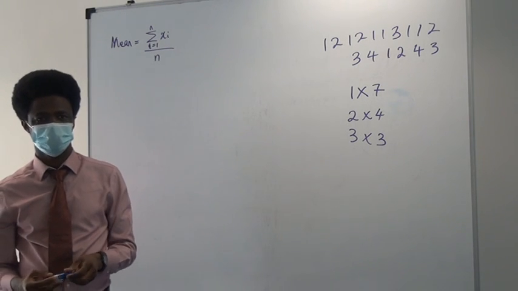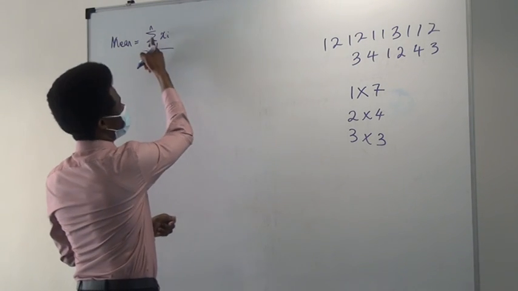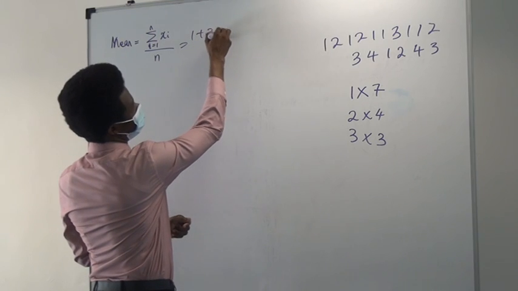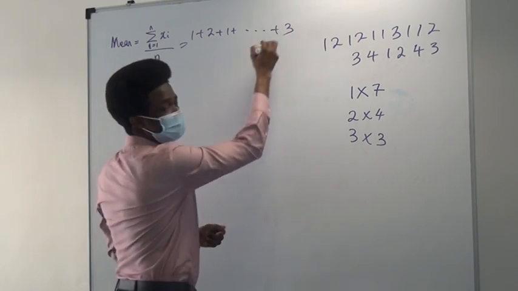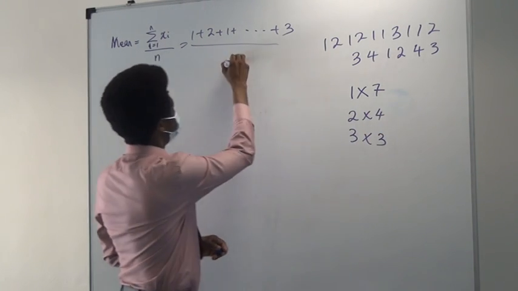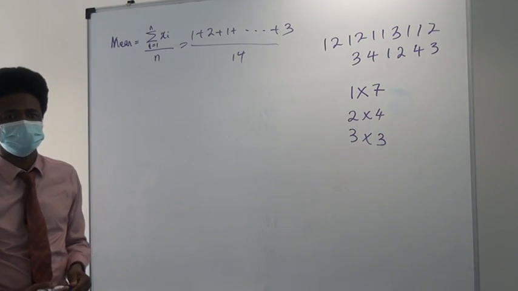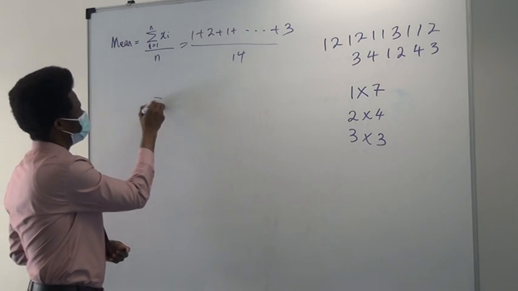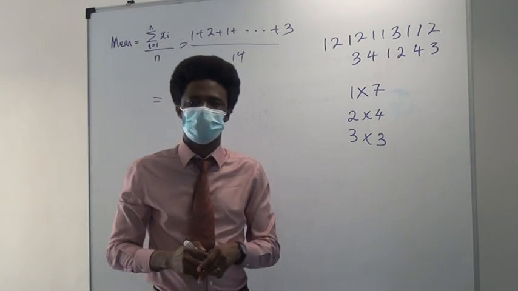Does that make sense? So rather than add everything, 1 plus 2 plus 1 plus and so on up to 3, divided by, how many are they? 14. Rather than do that, I will simply group the addition.